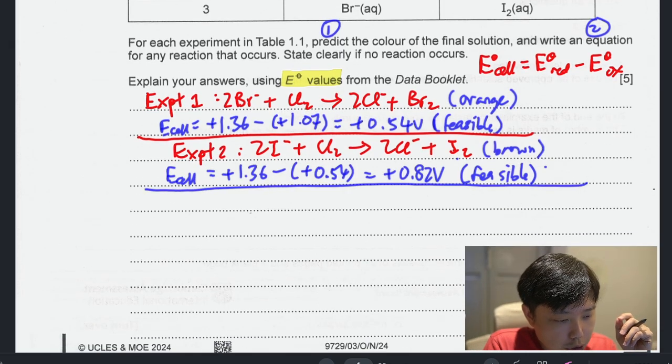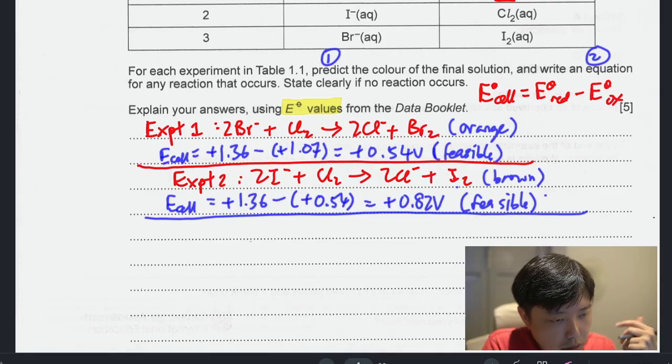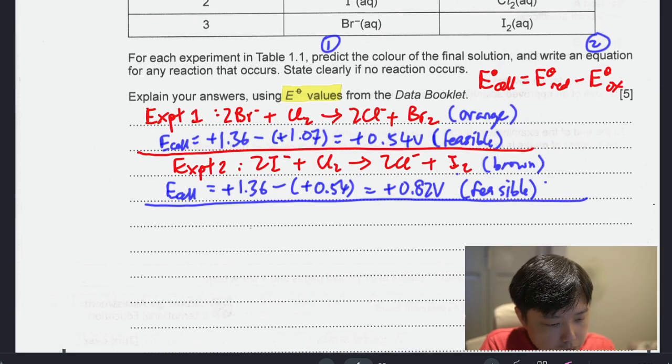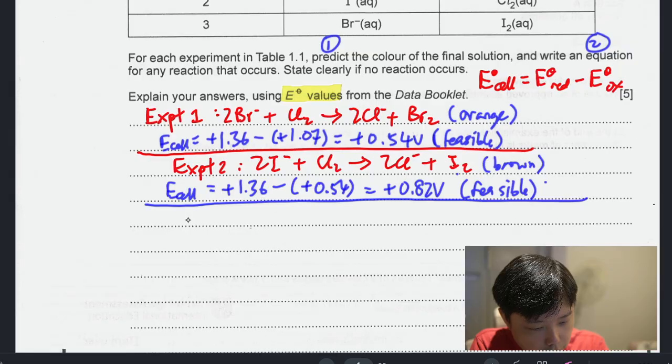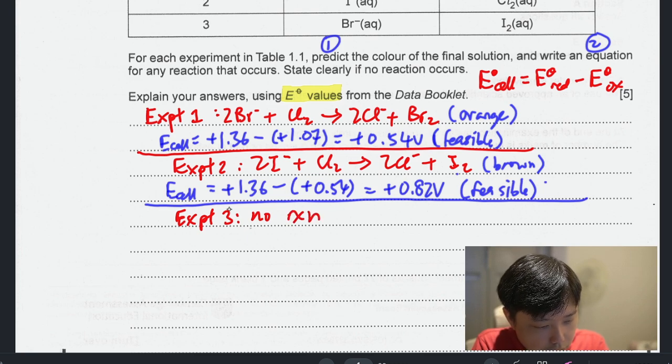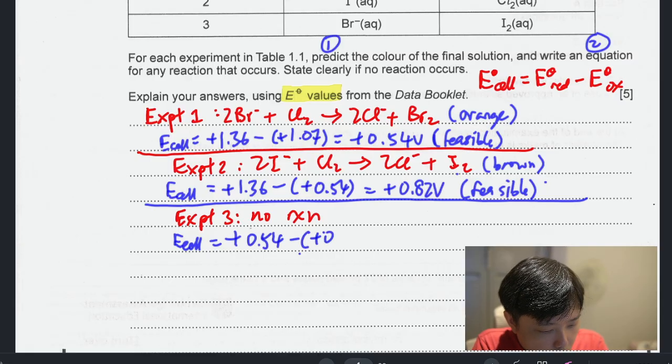For experiment 3, I2 is not going to be able to displace Br minus because Br2 is more reactive compared to I2. So for experiment 3, you just put no reaction. Show using the E0 cell: E cell equals positive 0.54 minus positive 1.07.